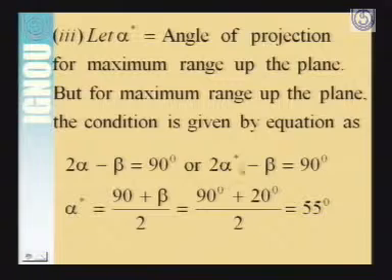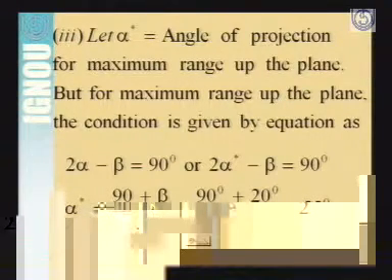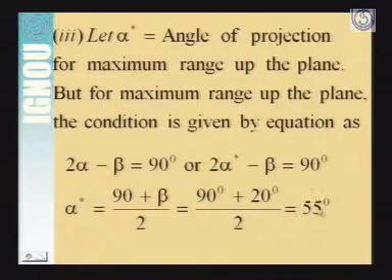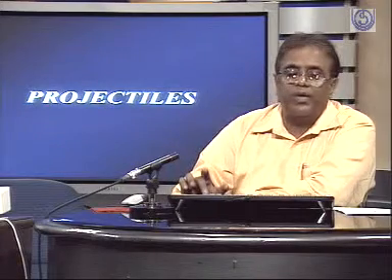So in this case you see the beta is given as 20 degree, but alpha star we have to find out, that is the angle at which the particle has to be projected so that we can achieve the maximum range. That expression for alpha star is equal to 90 plus beta by 2, that is 55 degree. That means the particle has to be projected at an angle 55 degree with the horizontal, only then we can get the maximum range.